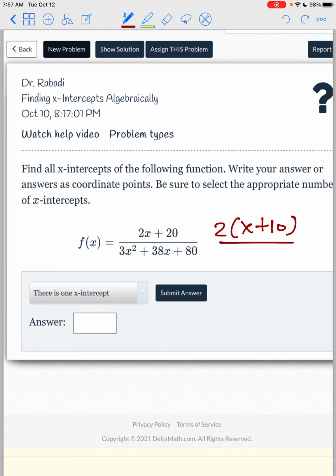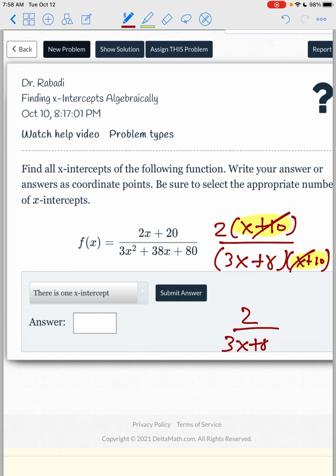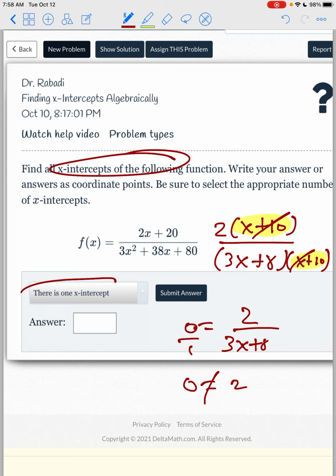So we're going to have to try to factor this person out. 3x, x. 80 is probably 10 and 8. The reason why I thought about 10 is because I want to get rid of this. Okay? So that works. And then you're left with 2, 3x plus 8. Set this equal to 0 to find the x-intercept. When you cross multiply, this times this is 0 equals 2. This makes no sense, so you have to hit none.